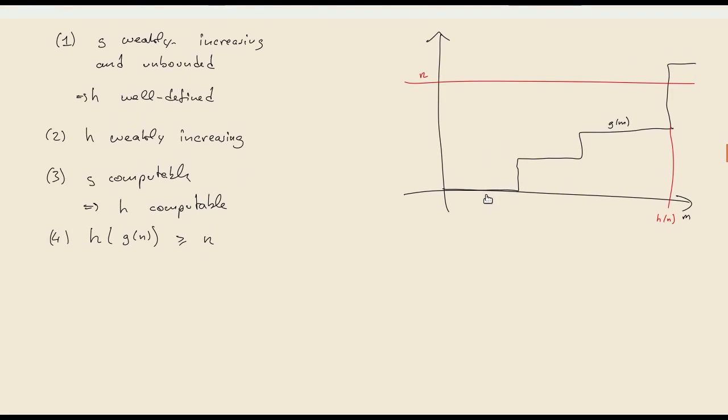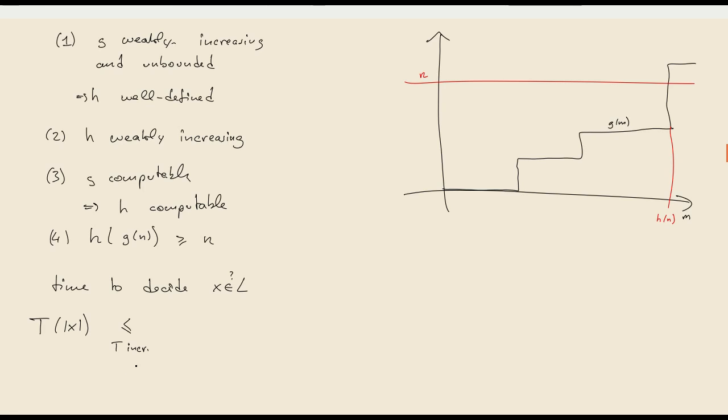So with these 4 properties, we're almost done. We just compute. So recall the time to decide whether x is in L. It's bounded by t of the length of x. Now since t is weakly increasing, we can make the argument larger, and the whole thing will become larger.